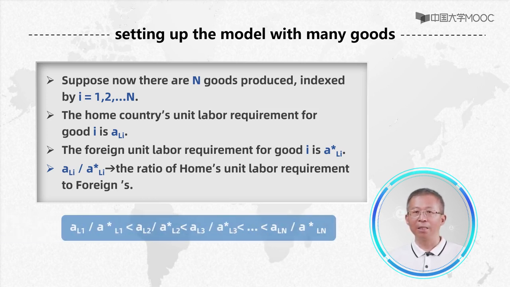That is, we rearrange the order in which we number the goods in such a way that a_L1 over a_L1 star is less than a_L2 over a_L2 star is less than a_L3 over a_L3 star, and so on.